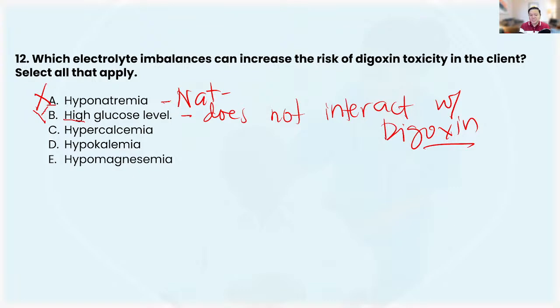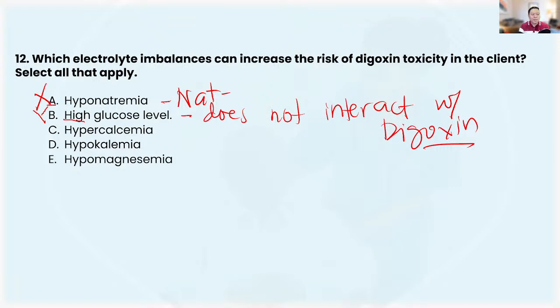We're just being asked about imbalances here. And so we're not really going to lean towards thinking about the hyperglycemia that may cause increased insulin release, that might cause a drop in the potassium. Not quite, okay? I see the idea here, but it's not closely related to the digoxin toxicity, okay?